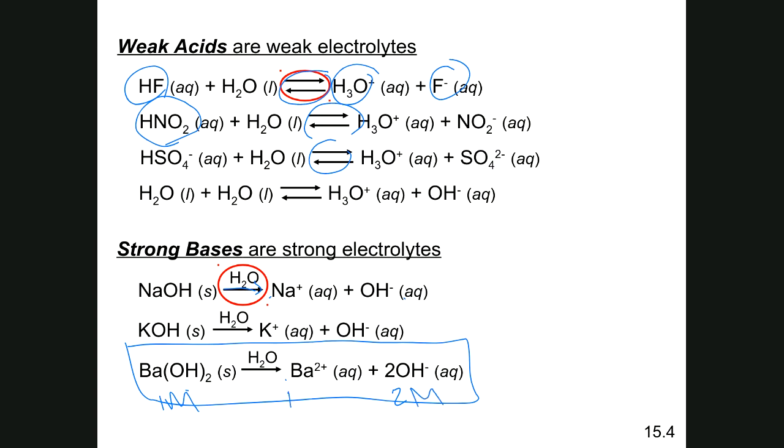But for a monoprotic base like this, if you get 1 mole, it's going to change to 1, and this is 1. So for a strong acid or strong base, you have to pay attention to the balanced equation, because you cannot just assume that the barium hydroxide concentration would be the same as the concentration of hydroxide ion because of this coefficient of 2.